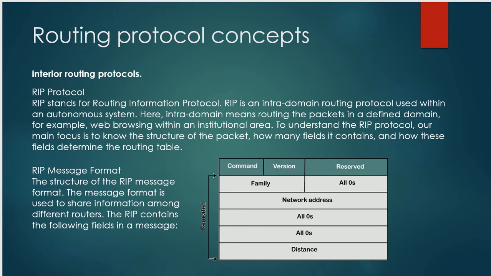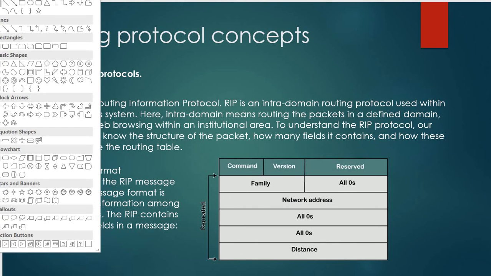RIP is the routing information protocol. It is intra-domain, meaning intra-area. In the internet we can say there are two types of communications in these interconnections. If we say intranet, this is in a local area network.